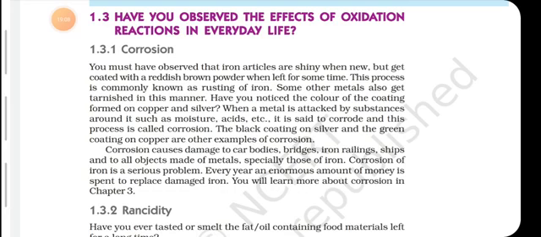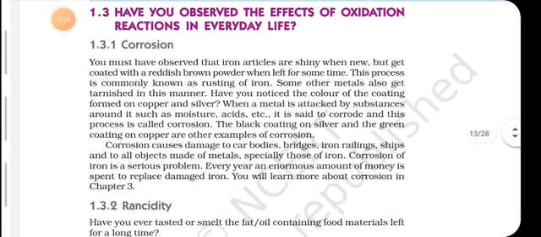Fine students, these are the main general examples. The most corroded metal around the earth is iron, whereas copper, silver, brass, etc. also get corroded. Let us learn it in detail.